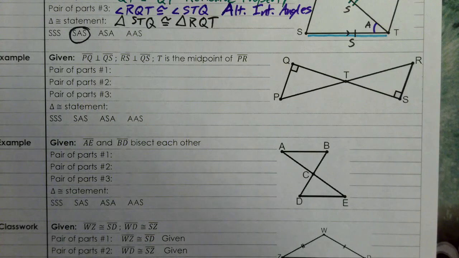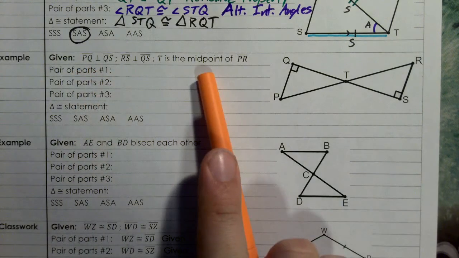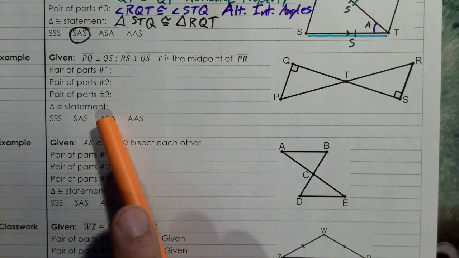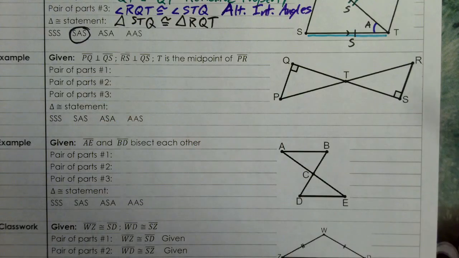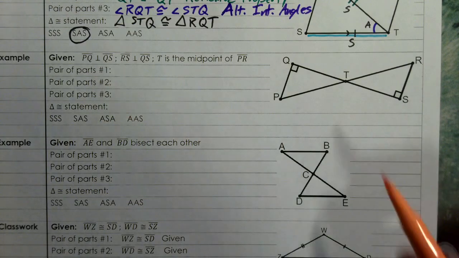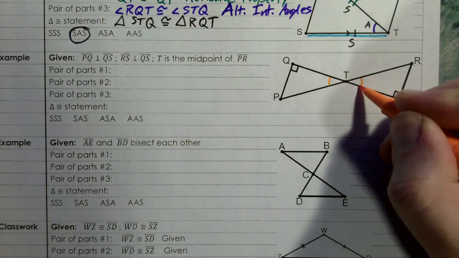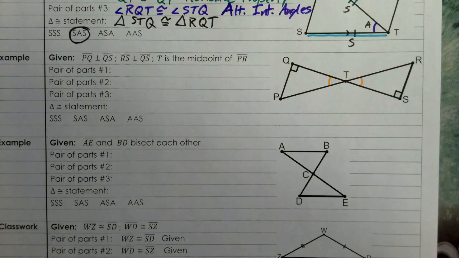Oh no, in this example, we didn't get any givens right away for our pairs of parts, but the given information that we got up here should help us get to our actual pairs of parts. So if I'm looking at this diagram, one thing I can mark right away without even thinking all that much is I know that these two have to be congruent to each other because those are vertical angles.